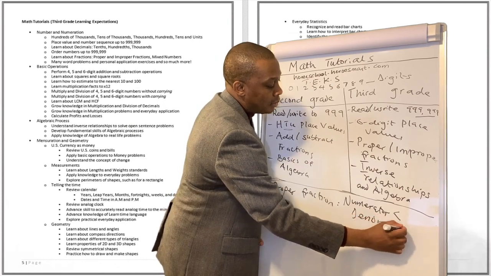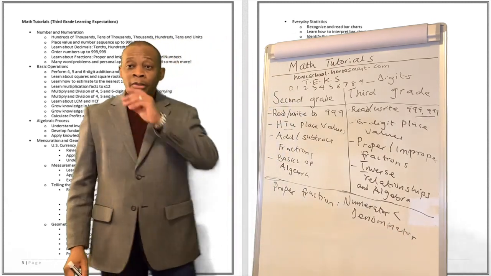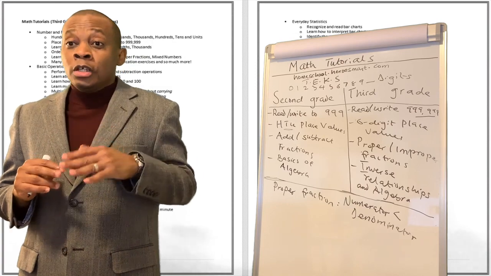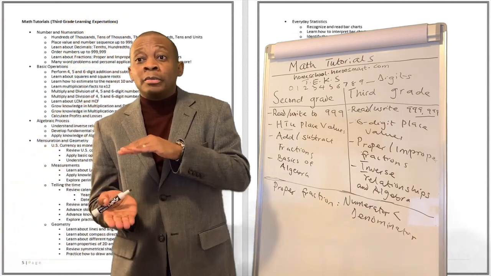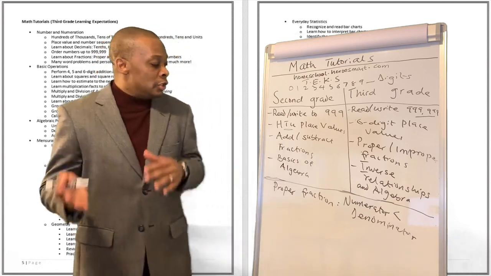Okay. You want to make sure they remember what a numerator is and what a denominator is. A numerator is going to be the top number of the fraction. The denominator is going to be the bottom number of the fraction. So when the numerator is less than the denominator, you have a proper fraction.